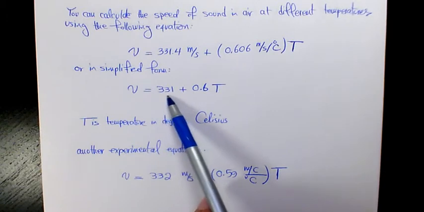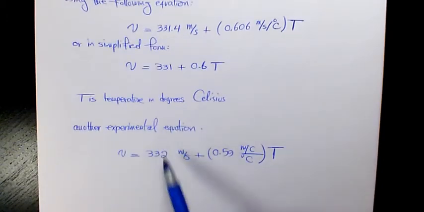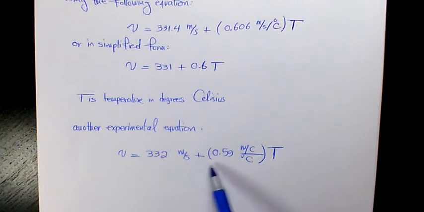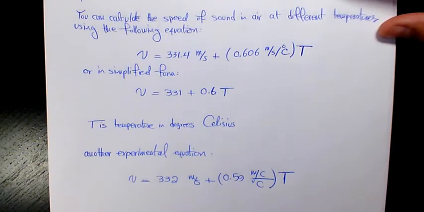It is 331 plus 0.6 times T. And there's another one which is 332 plus 0.59 times T. So these three different equations are given in different references. So that's how we calculate the speed of sound in the air.